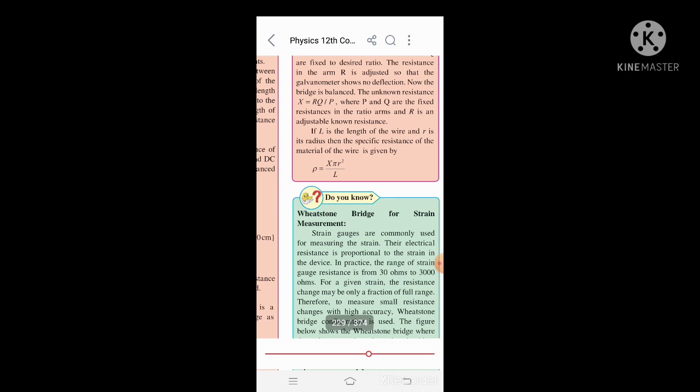In this video, we studied the errors produced in the measurement of unknown resistance X and minimization of those errors, as well as the application of meter bridge and Kelvin's method to determine the resistance of galvanometer. The remaining part of this chapter we'll study in our next video.